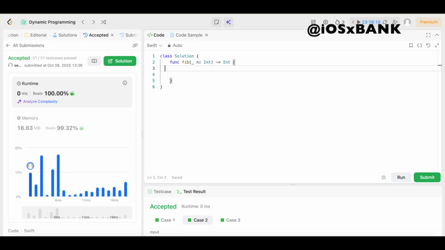So for the one-liner, all we have to do is say N is less than 1, boom, which is going to return a true or false, or a Boolean. We're going to say question mark. If that's true, then we could just return N, similar to how we did with our guard statement in the previous solution. Else, we're going to say colon, and we're going to say ABS, which is going to get us the absolute value.